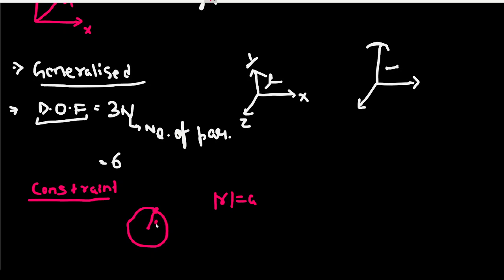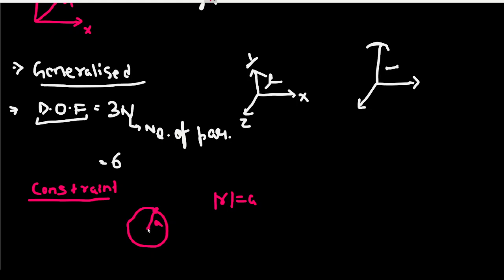It cannot move outward. It has to move only in a particular fixed radius, which is a. That is the constraint in the motion. It can only keep a fixed distance from its point here, and that is a.